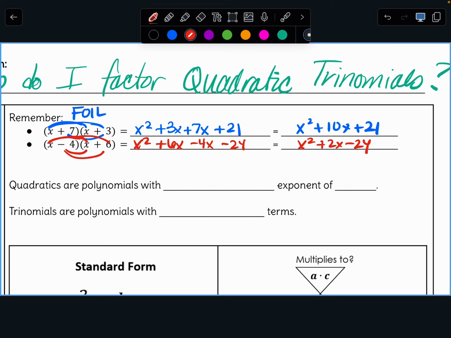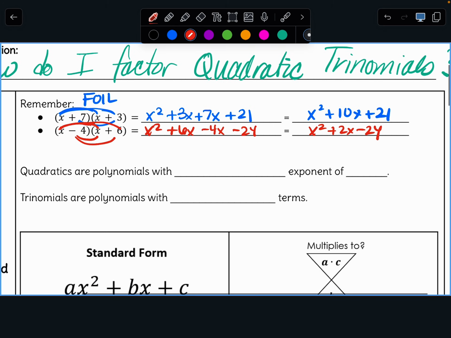So you spent a lot of time last year, probably in 8th grade, reviewing multiplying binomials, foiling, we call it, going back and forth. And so we're just going to take that and go backwards now. So recall that quadratics are polynomials with the highest exponent of 2.